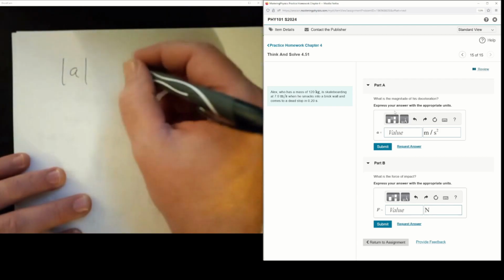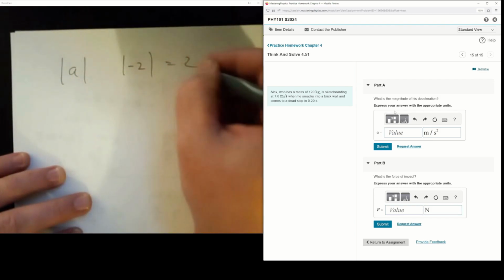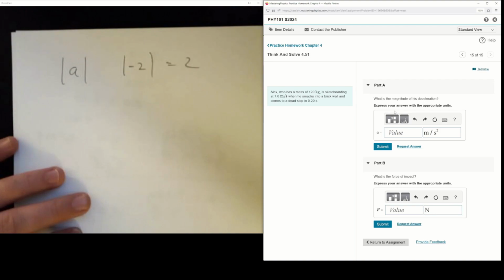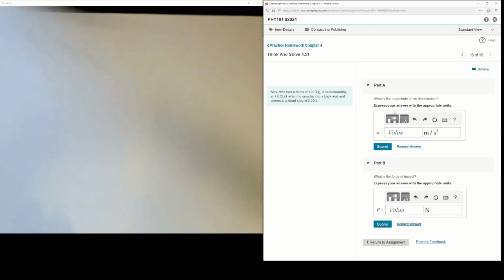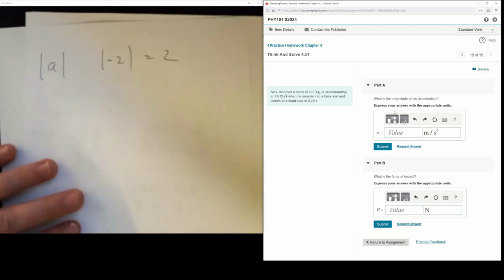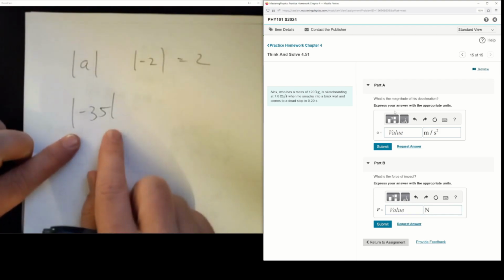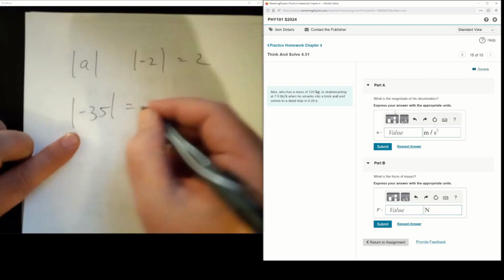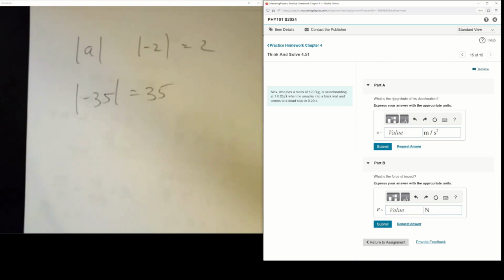So if A is minus 2, the absolute value means just get rid of the minus sign. So for us, A is minus 35. They're asking for the absolute value, the magnitude. So they are telling us to just drop the minus sign there, and that's because of the word magnitude.